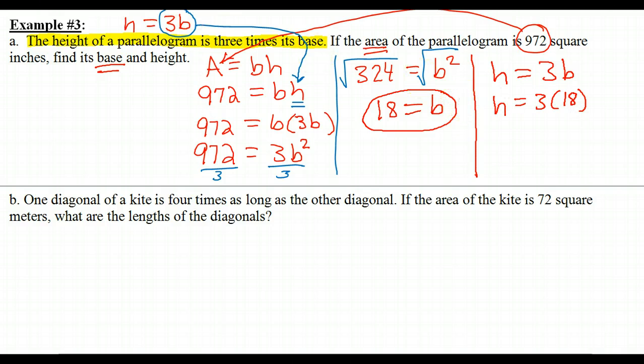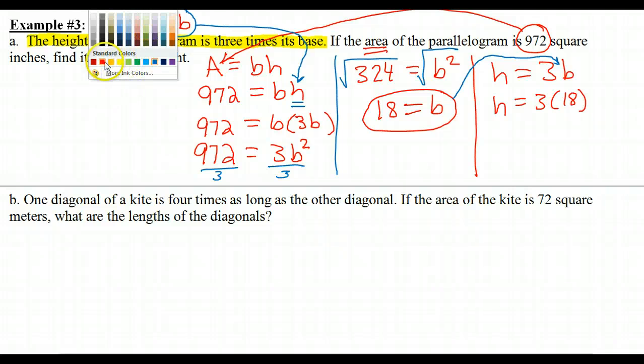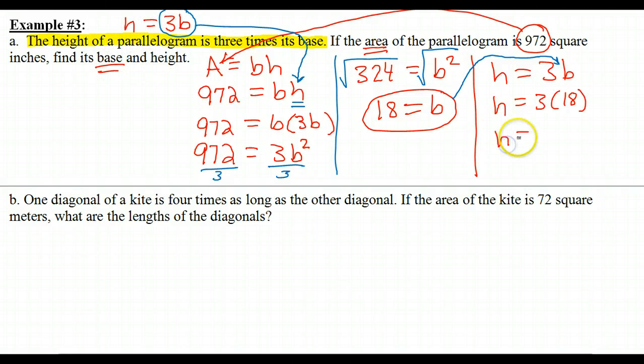In other words, I'm taking this base that we just found and putting that in right there. And 3 times 18 is 54. So that tells us that the height is 54. So there's the base and height that we were supposed to find.